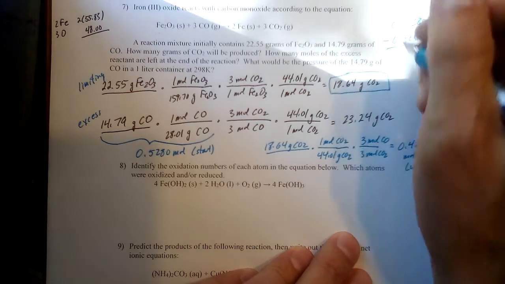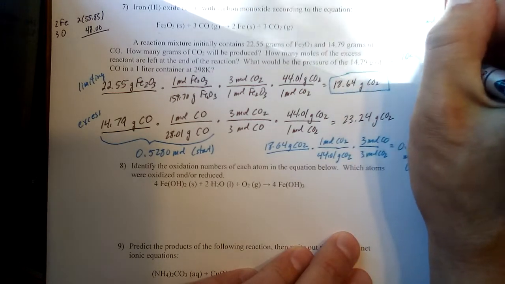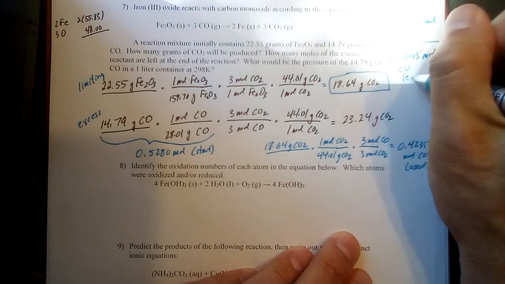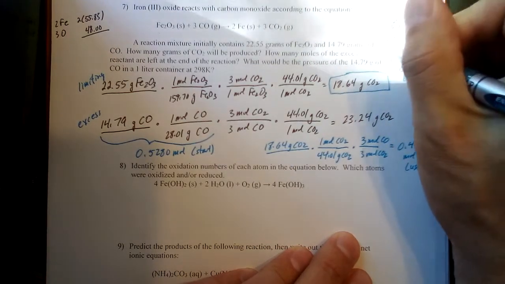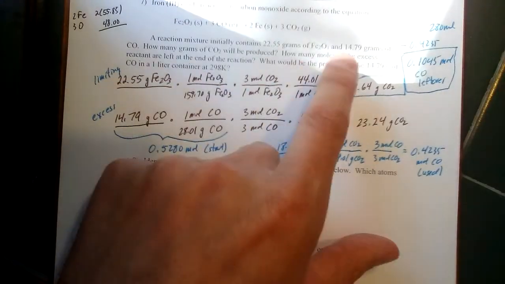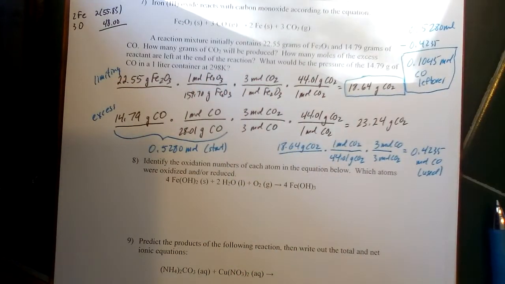And that is 0.1045 moles of CO left over. And that would be the answer to the second question up there. How many moles of the excess reactant are left at the end of the reaction?